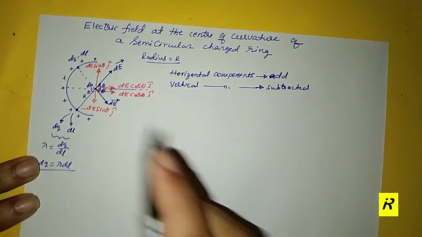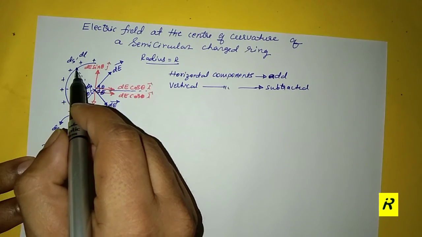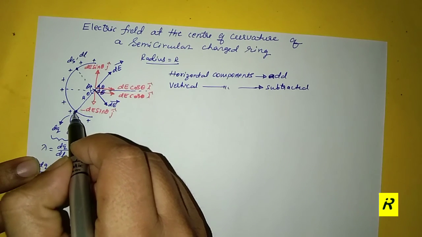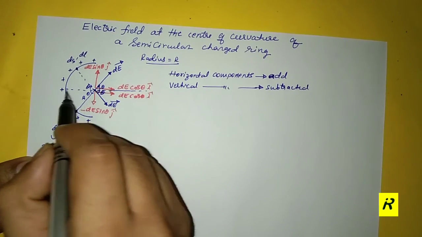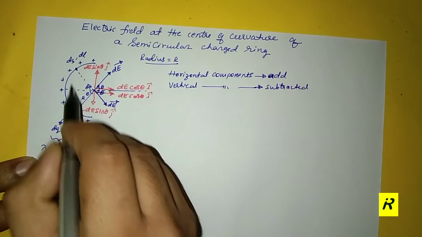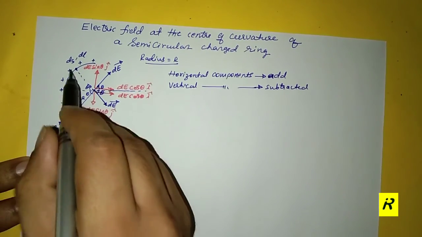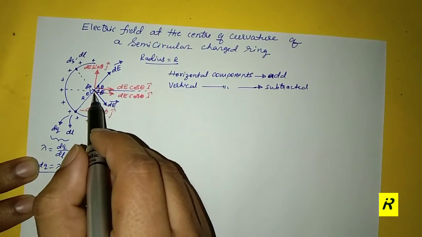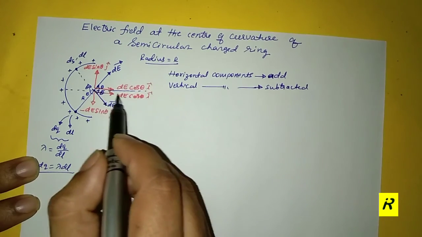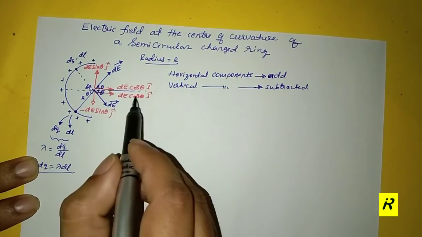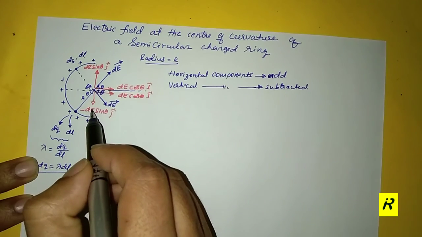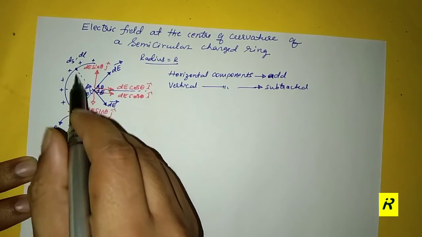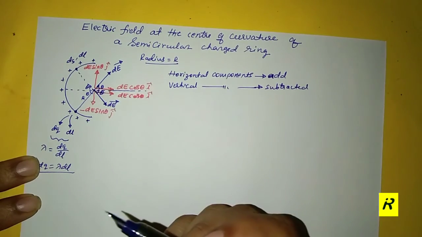And since every such element, it is not diagonally opposite, it is just symmetric about this axis. Okay, so symmetric points about this axis produce equal amounts of dE electric fields at this point. So they produce equal amounts of dE cos theta and equal amounts of dE sin theta. For this reason, dE sin theta gets cancelled for every such pair of charges.